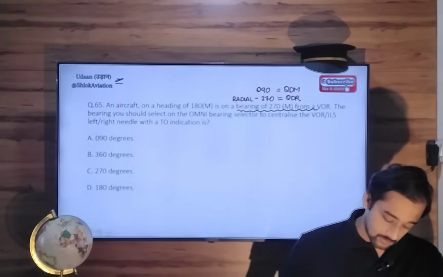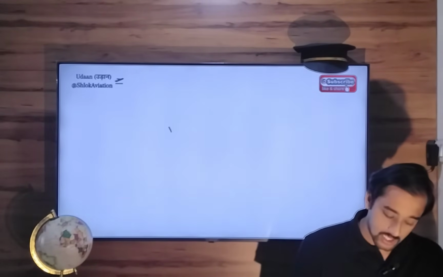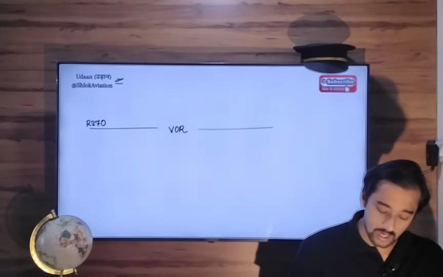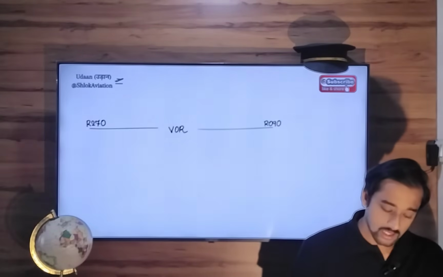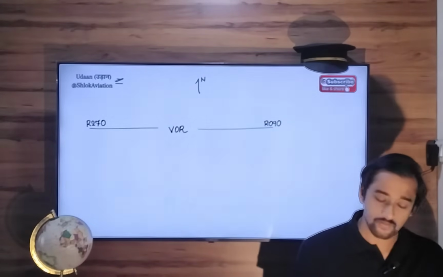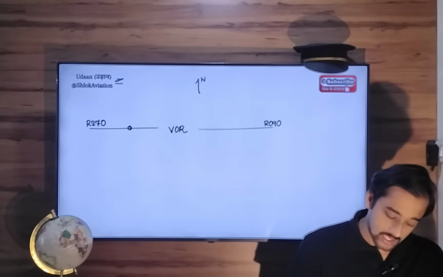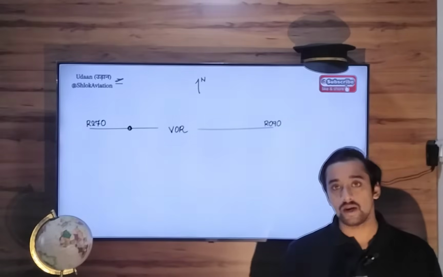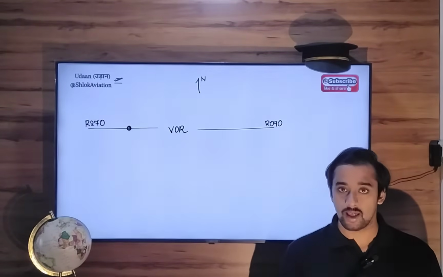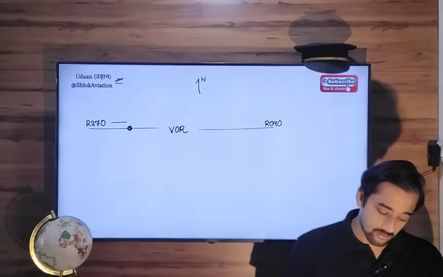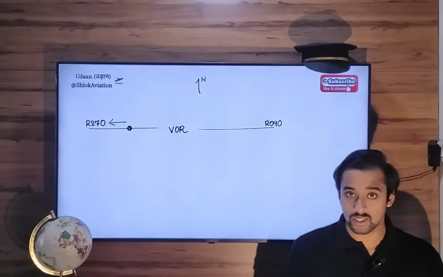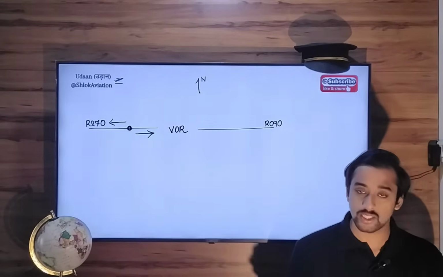Very simple. So here is your VOR station. This is radial 270. This is radial 090. This is the northerly datum. Now when your aircraft is on radial 270, there are two possible directions your aircraft can fly. It can fly either away from the station or towards the station.